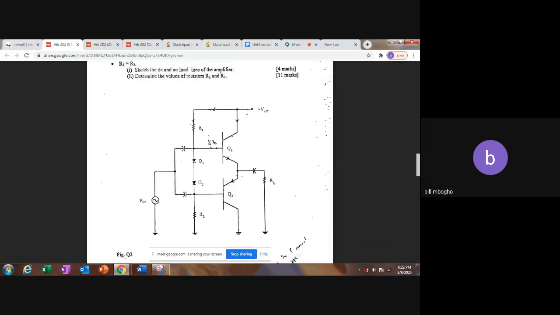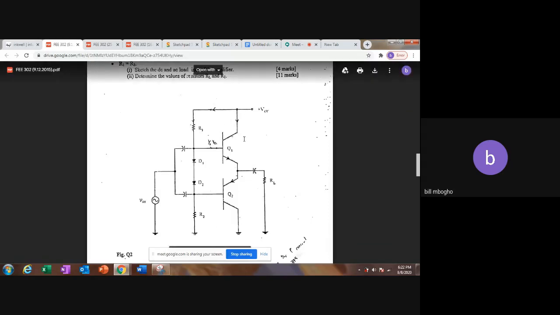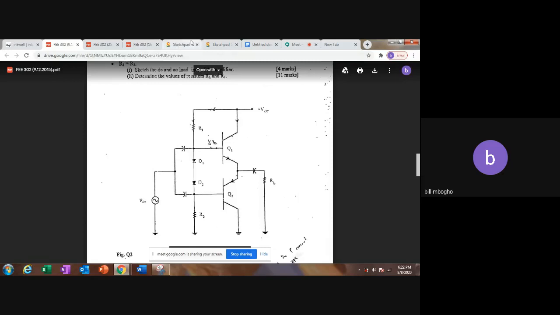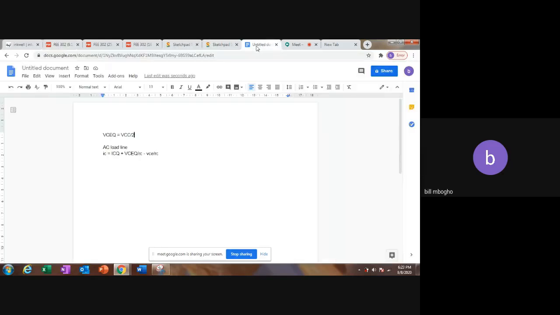There's no other resistor here or here or here. So all the voltage has to drop within these two transistors. Because they're identical, half the voltage drops there and half drops there. I hope that's clear. So that's why VCEQ is equal to VCC over 2. And then the next part for this AC load line is to realize, yeah?